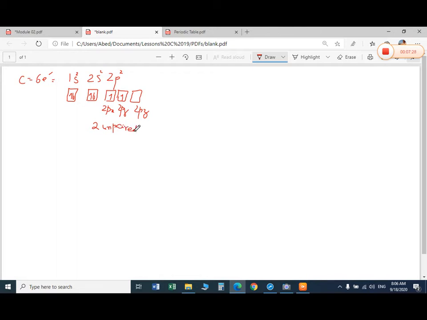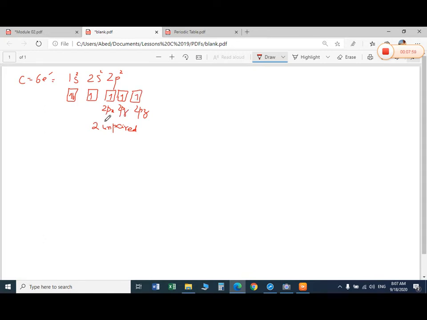Unpaired electrons. And sometimes when these electrons get higher energy, one jumps to come into this orbital. So we can say this electron will jump from here to this 2pz.